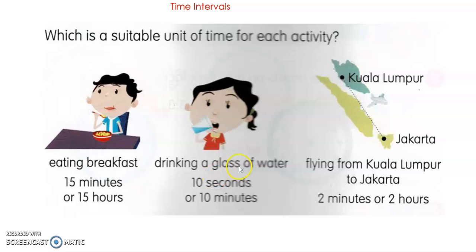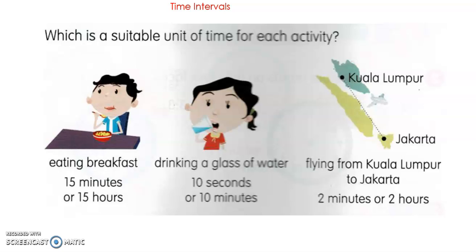Alright, drinking a glass of water, 10 seconds or 10 minutes. Minutes are bigger than seconds. Each minute is 60 seconds. So 10 seconds is more suitable. It cannot be 10 minutes for drinking water. This is too much. We can say that about drinking a coffee. It might take 10 minutes, but drinking a glass of water only needs 10 seconds.